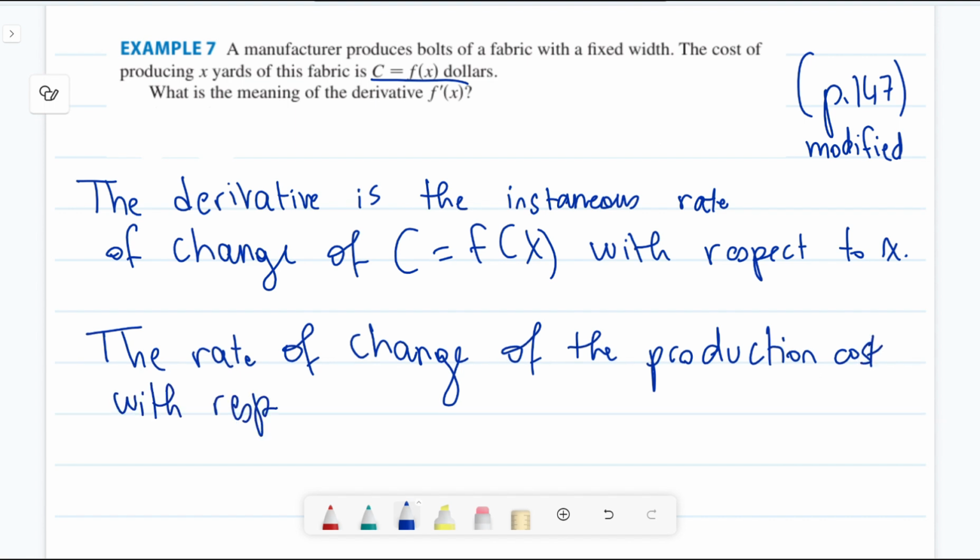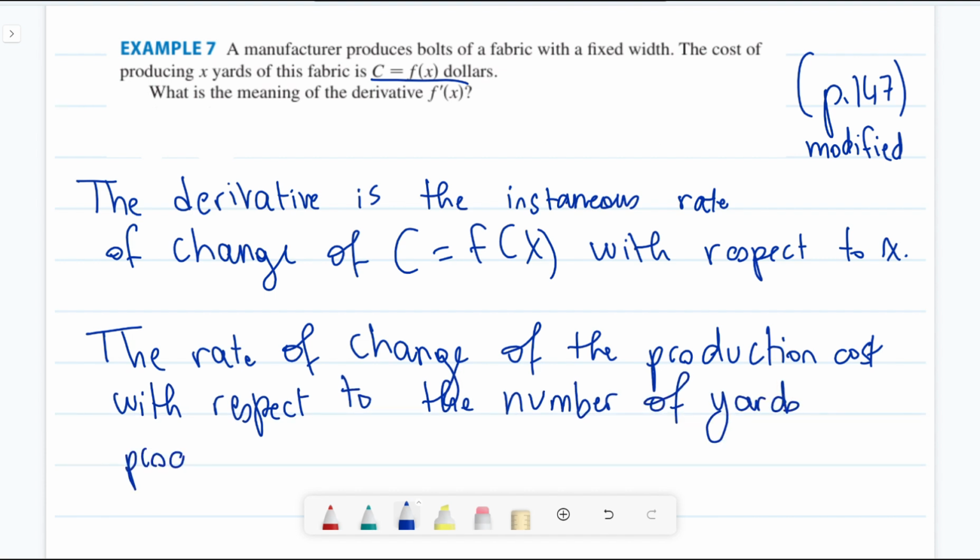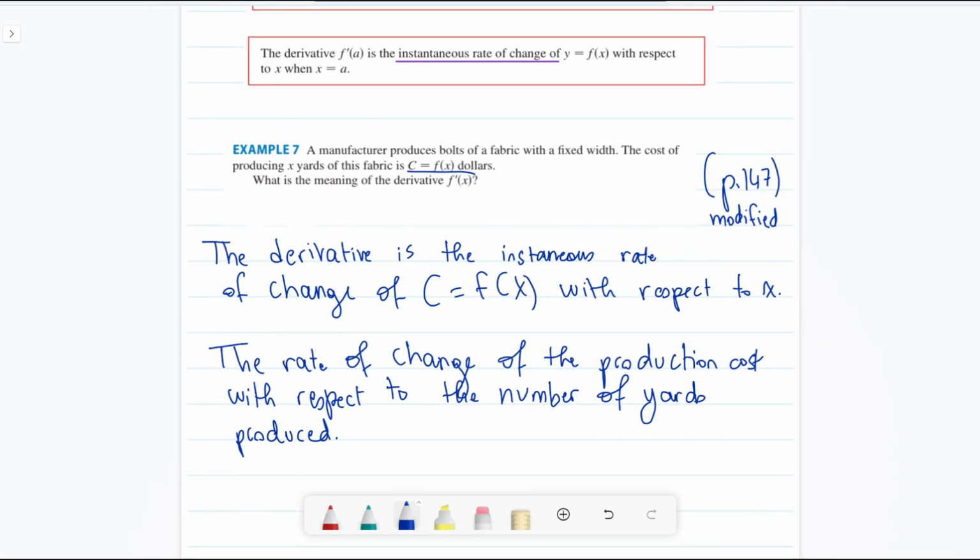What is x? The number of yards produced. This is how the derivative f prime of x would be explained in this example.